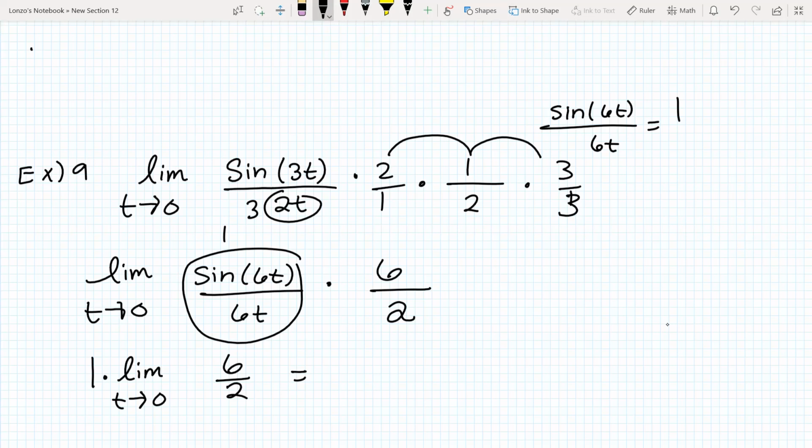So it's actually 3 over 3, which is the same thing as 1, right? So when you do that, that's going to be 2 times 3, that's 6. And then 6 over 2 is 3. It should be 3 over 2.